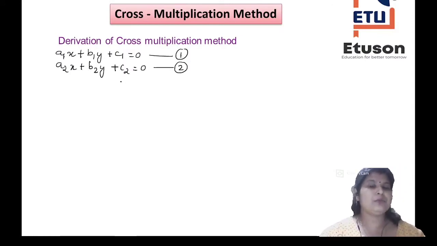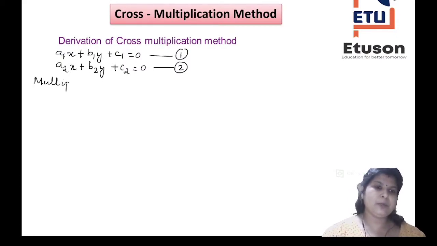First, what we do in the elimination method, we multiply by a non-zero number. We will try to make the coefficient of y equal.